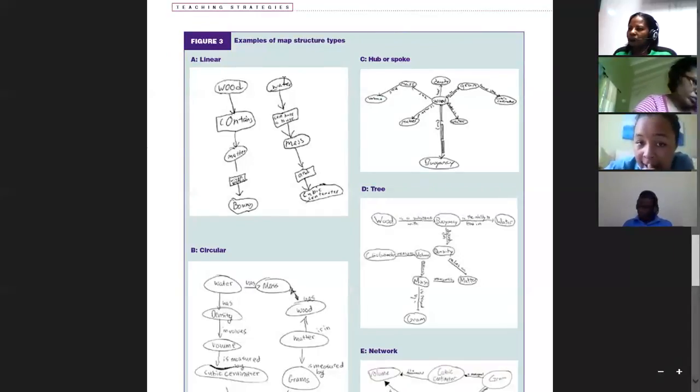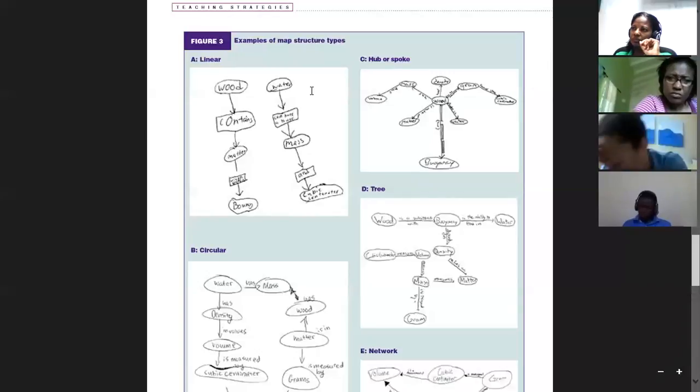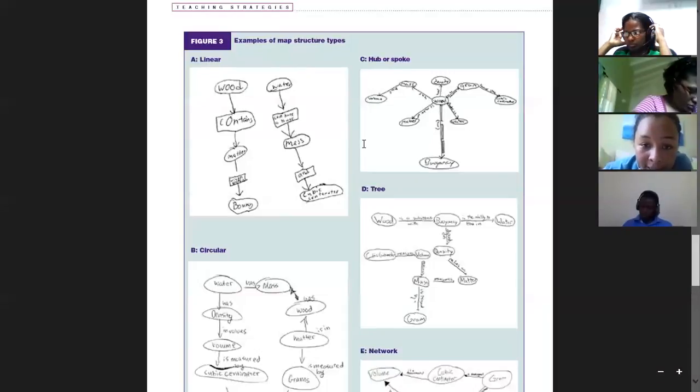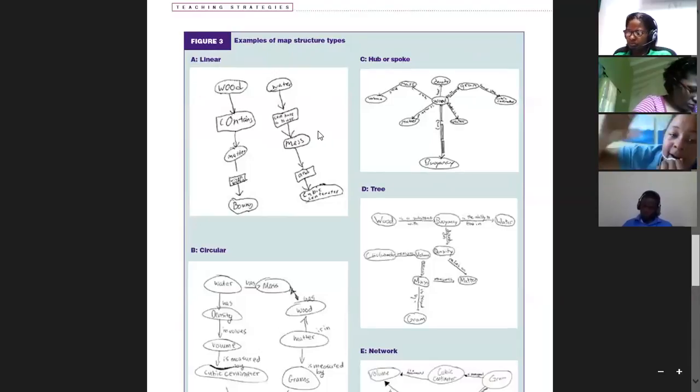So maybe I start out at the top with H2O, and then through a process of electrolysis, I'm just making this up as I'm going, I might use the arrow and say electrolysis is a process, and then we go down and that breaks into what is given off? Heat, gas. You know what I mean? So you're starting out with one thing and you're breaking it down.